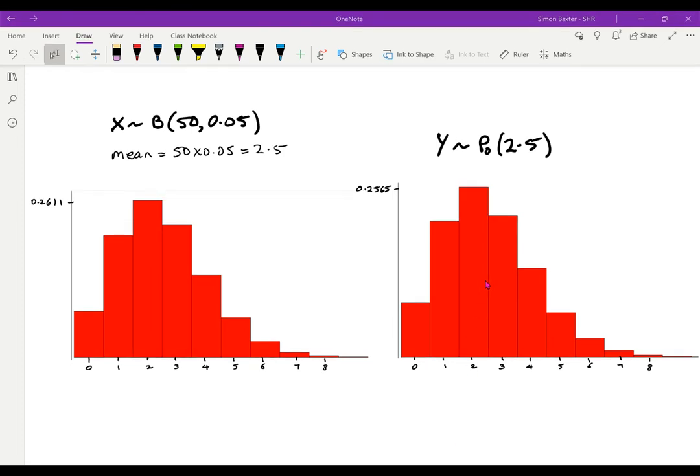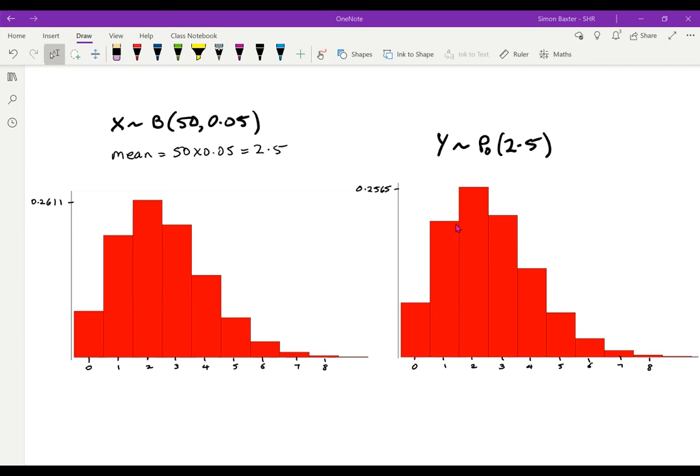I've put here exactly the same idea, a histogram for the Poisson distribution with a mean of 2.5. There we have 0.2565 as the area of that bar at 2, because the width at the bottom is 1. You can see how very similar these are.